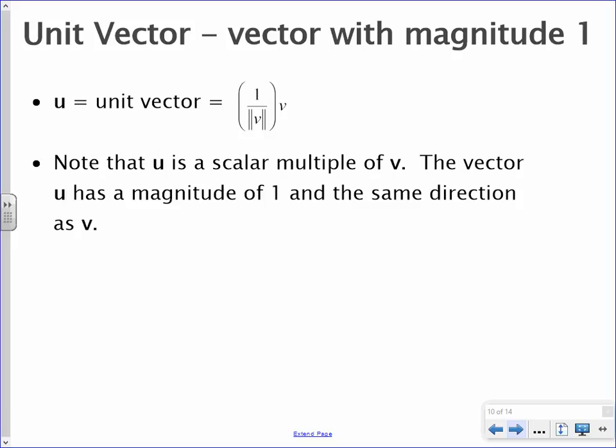So by taking 1 over the magnitude and multiplying it to our vector, we have created a unit vector that will still have the same angle as vector v.